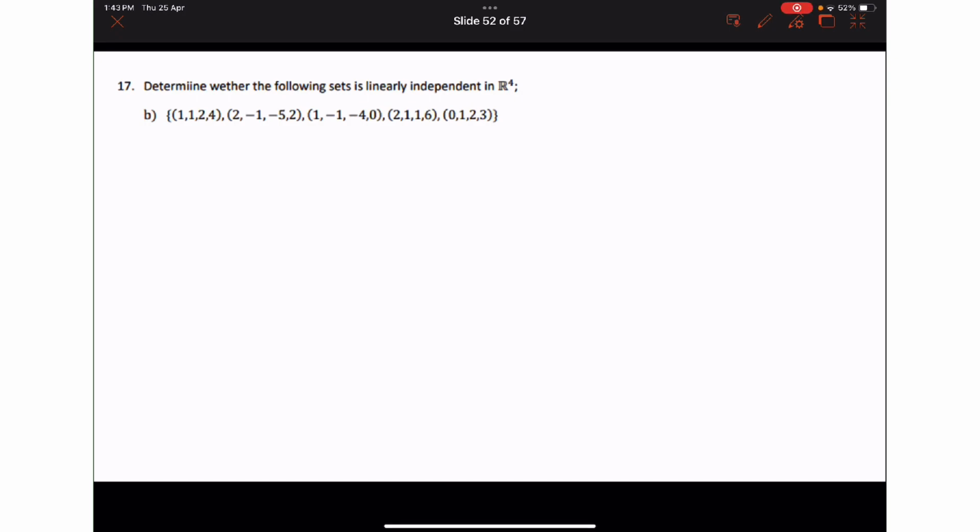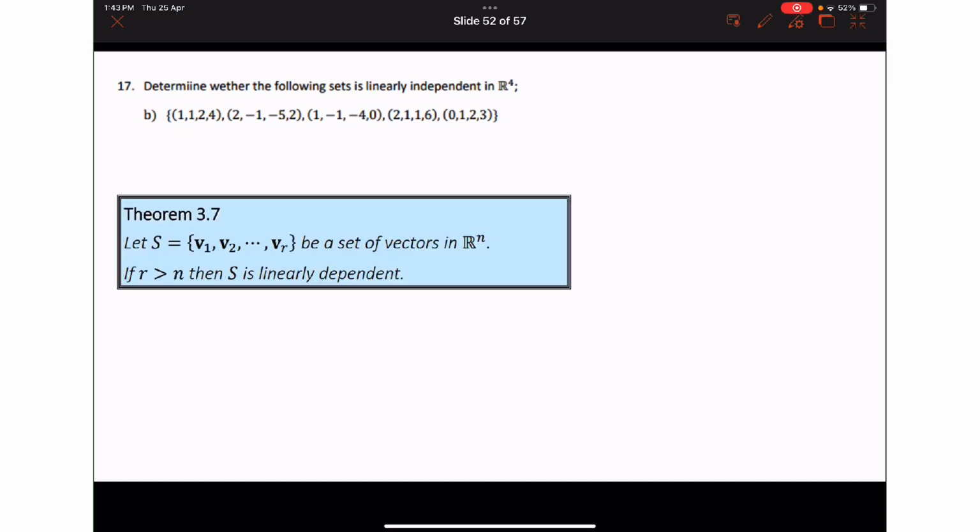For B, we solve this question with the help of theorem 3.7. Theorem 3.7 says that for the vector space Rn, if we have S, a collection of r vectors in Rn, and r is greater than n, then S is linearly dependent.